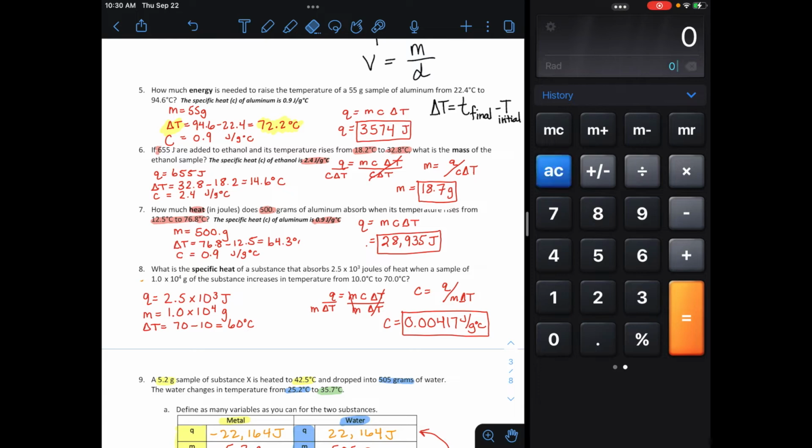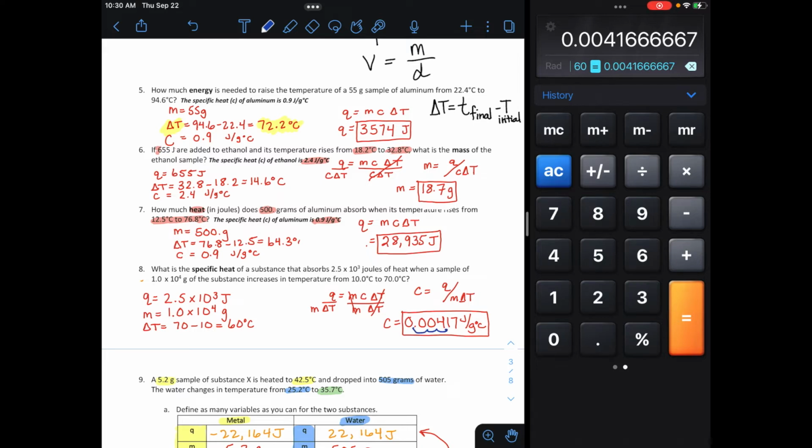That's my Q, divided by my M, 1, 2, 3, 4 zeros. And then again, I'm going to hit that divide by button again, really important, 60. So I get my answer that looks like this. Again, if you'd like to flip this back into scientific notation, it goes the other way.